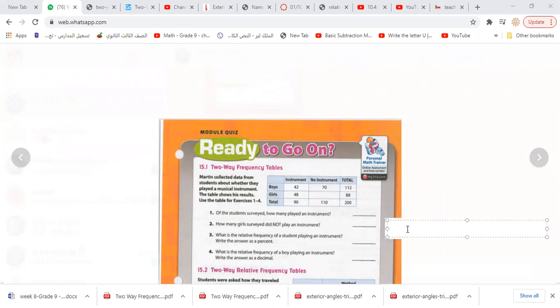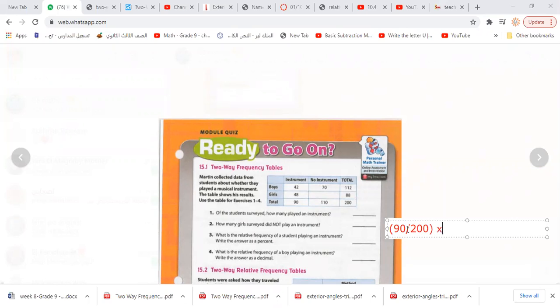He didn't mention boys or girls. We are going to deal with the whole number of students playing an instrument. Then, as you said, it will be 90 over 200.